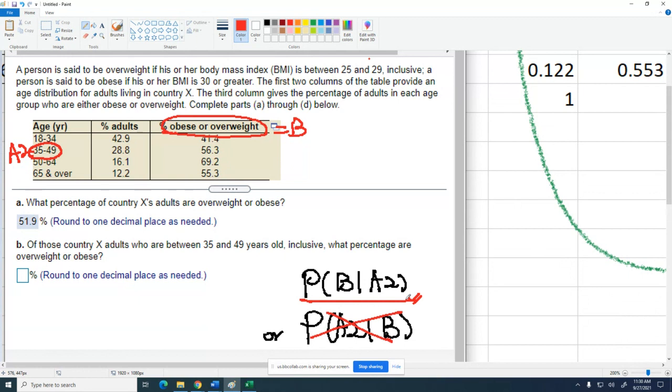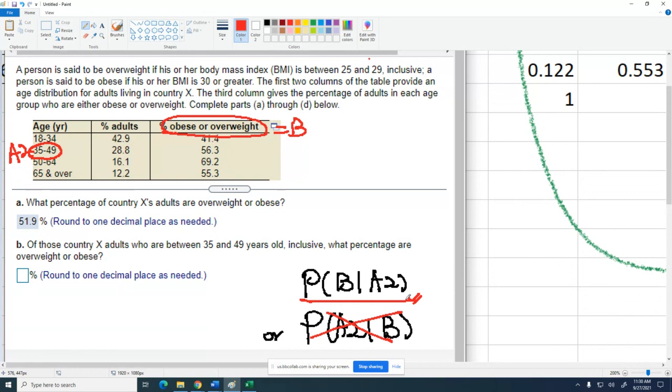Just a second. When did we apply the Bayes rule? Is it B given A or A given B? We apply the Bayes rule in the order A given B. But now in part B, we need B given A. We don't have to apply the Bayes rule. Then what?